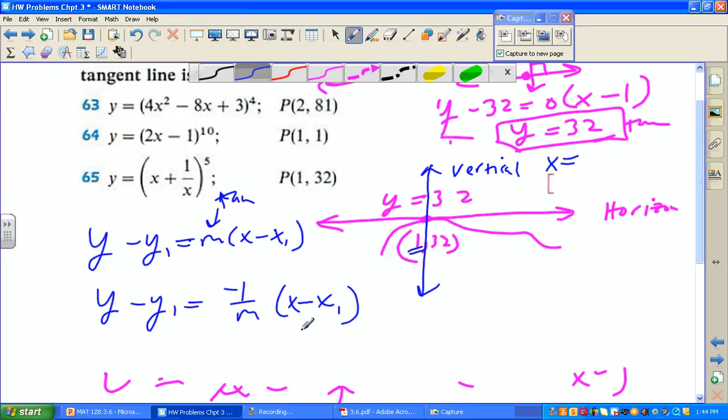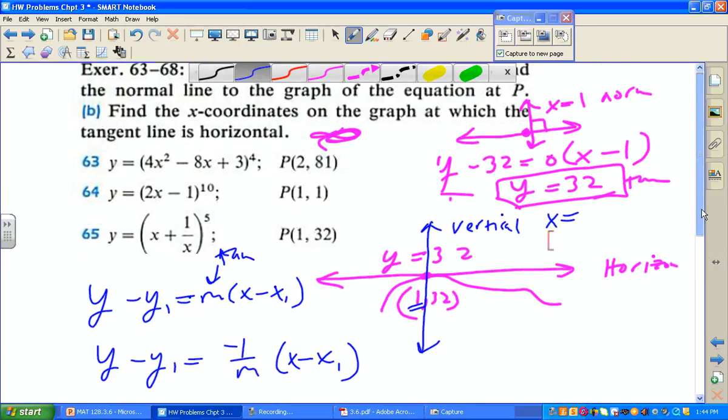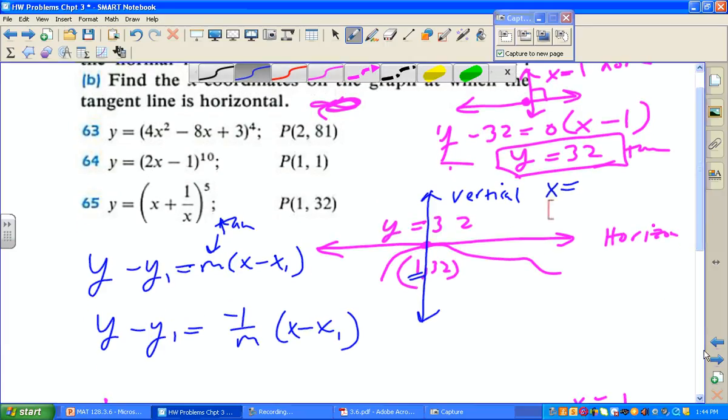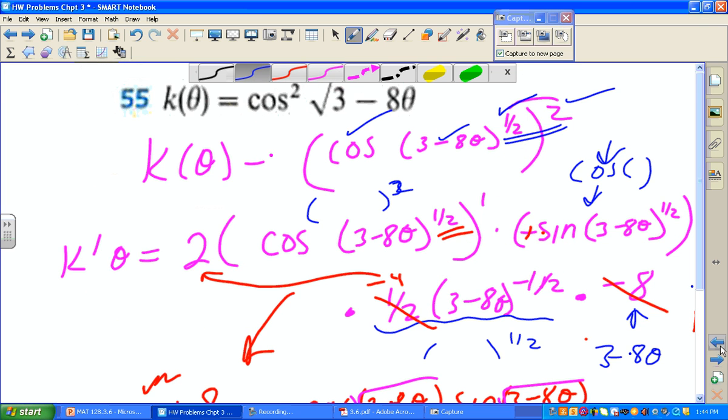So I use the same equation. That's why you said, isn't that negative 1 over 0? But it's undefined. So that's why it works. So you always use the x coordinate if it's undefined. Mm-hmm. Gotcha. All right.